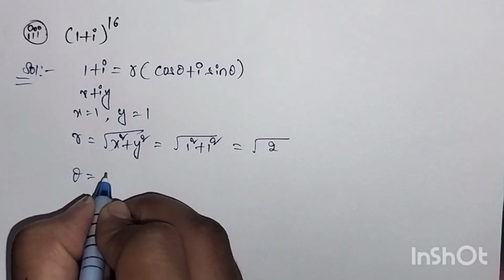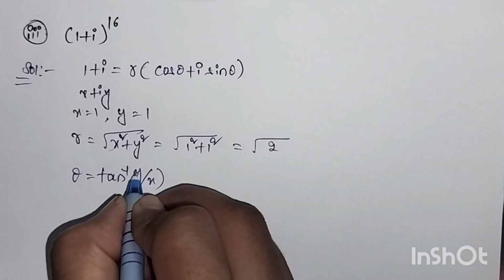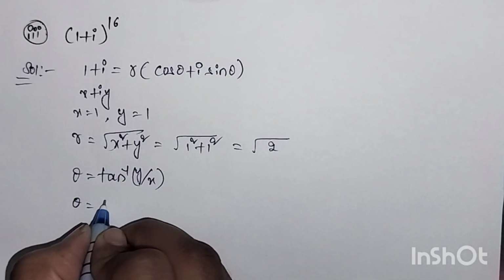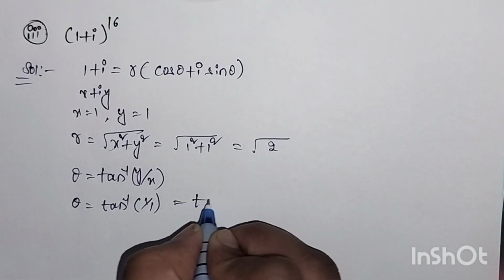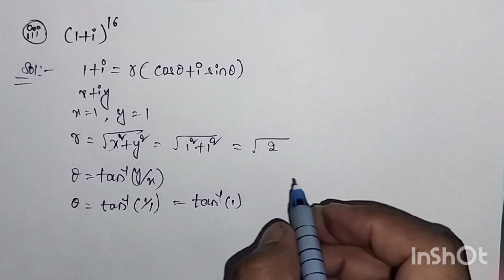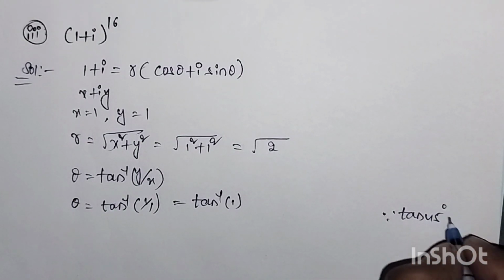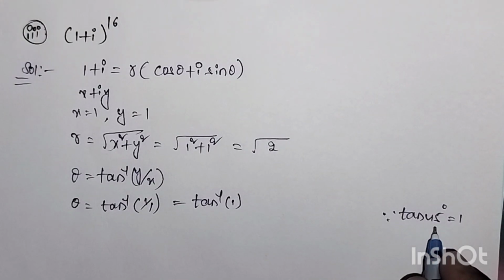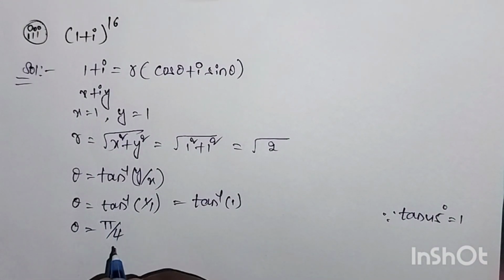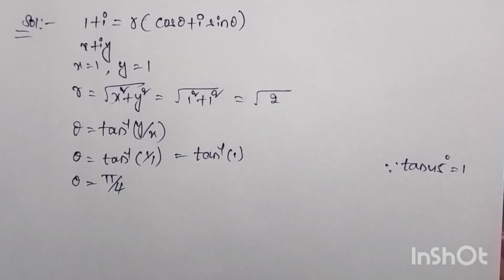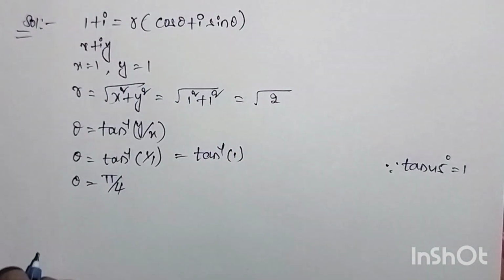So theta equals tan inverse y by x. Theta equals tan inverse 1 by 1, that equals tan inverse of 1. So here tan 45 degrees equals 1. So we can write 45 degrees as pi by 4. So we can find the r value and theta value, then substitute in this formula.